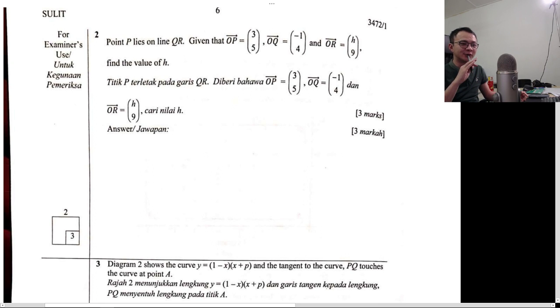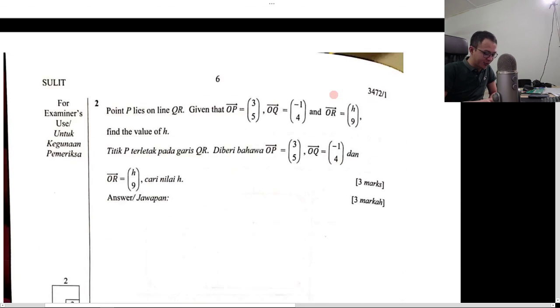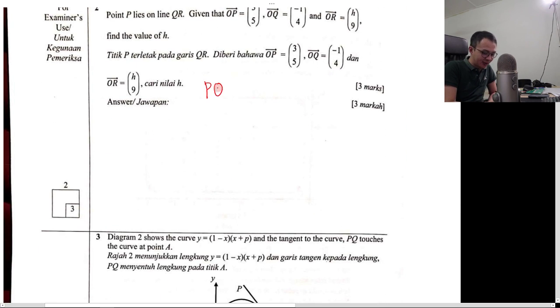Okay, let's move on to question number 2. The point P lies on the line QR, given OP, OQ, and OR. Find the value of H. Since it lies on QR, I can say P, Q, R are collinear.